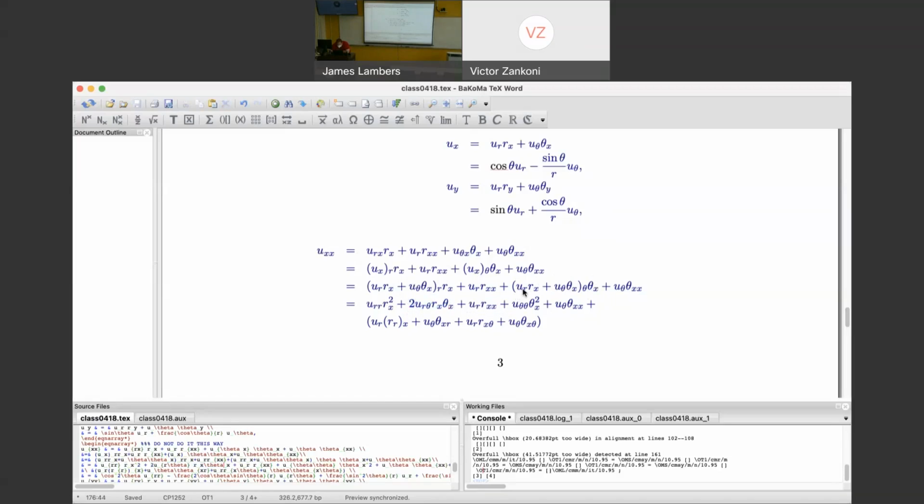And then we have u_r r_x with respect to theta times theta_x. Okay. I think something's missing here. Oh, yes, there is. All right. This term should have a factor of r_x coming from here. This term should have a factor of theta_x.